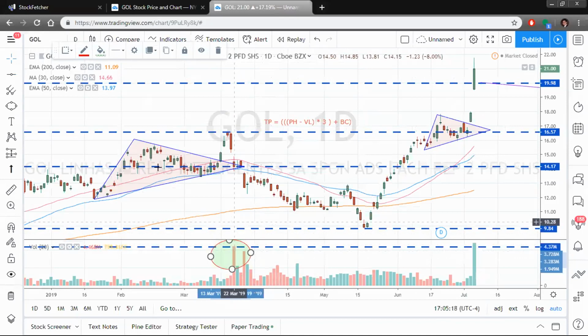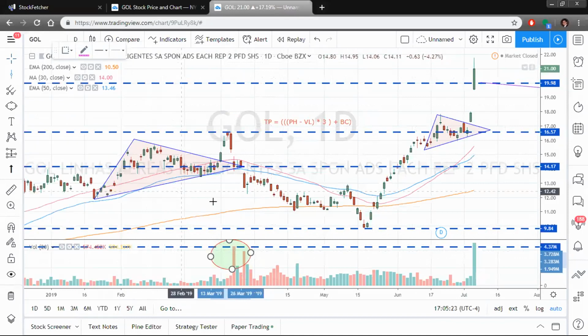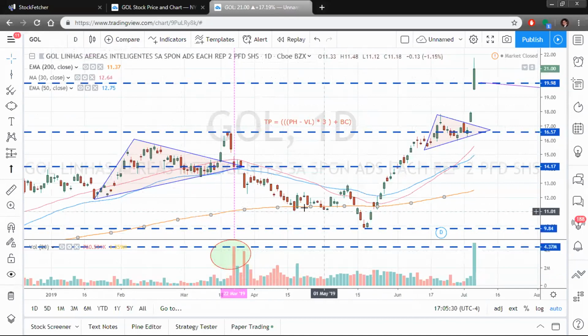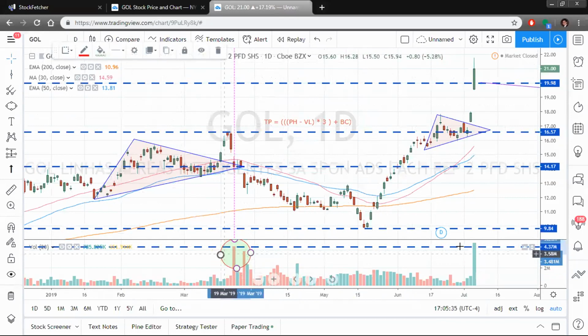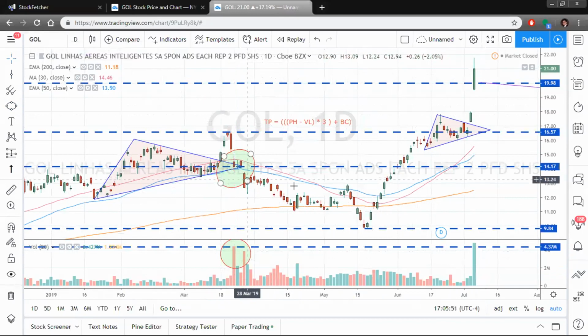Okay. So if I'm going to create a line here, where will be my VL? If this is your next biggest volume against this breakout volume, this is your candle. That's your candle.